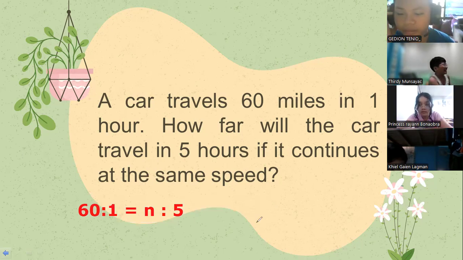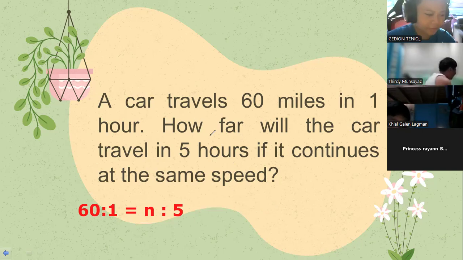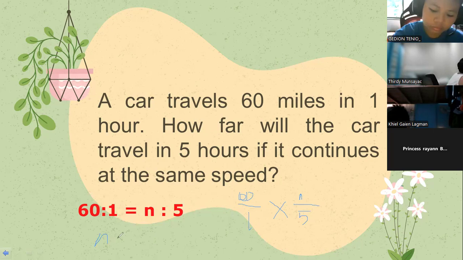Yeah, stop talking now. Okay, so let's answer this. Let's check if your answer is correct. 60 is to 1 is equal to n is to 5. So make it a fraction first. So 60 over 1 equals n over 5. 60 times 5 is 300, and then 1 times n is 1n.